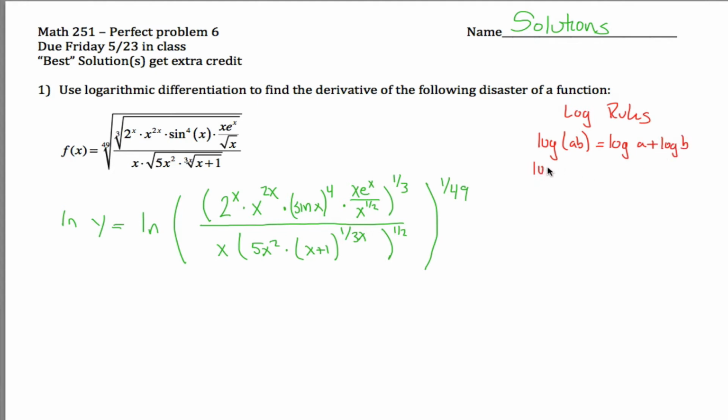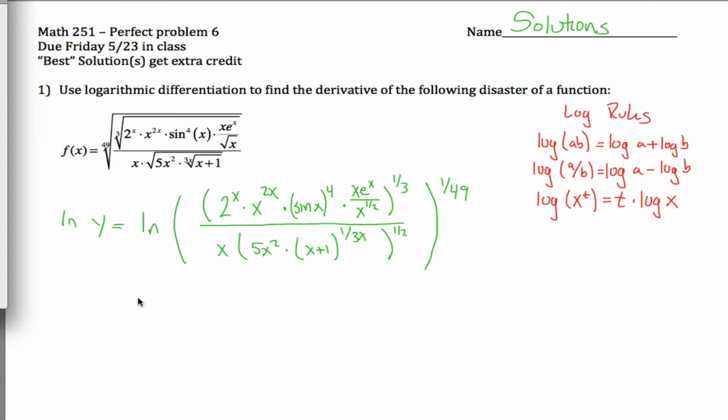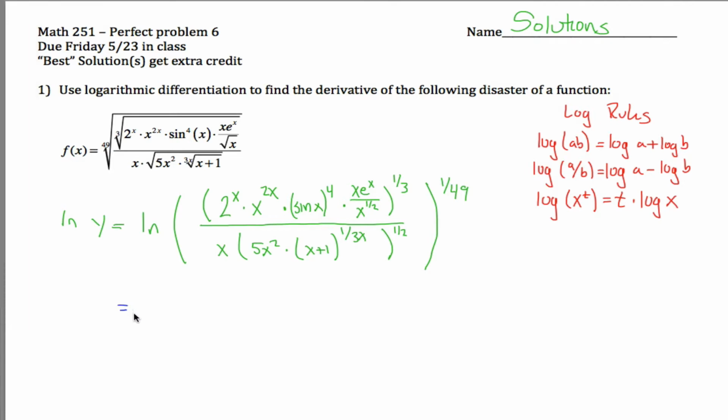We know that the log of a quotient is equal to the difference between those 2 logs. And finally we know that the log of a power is equal to whatever that power is times the log of whatever the base is. Using these 3 rules, we'll be able to rewrite this mess in a way that we can take the derivative.